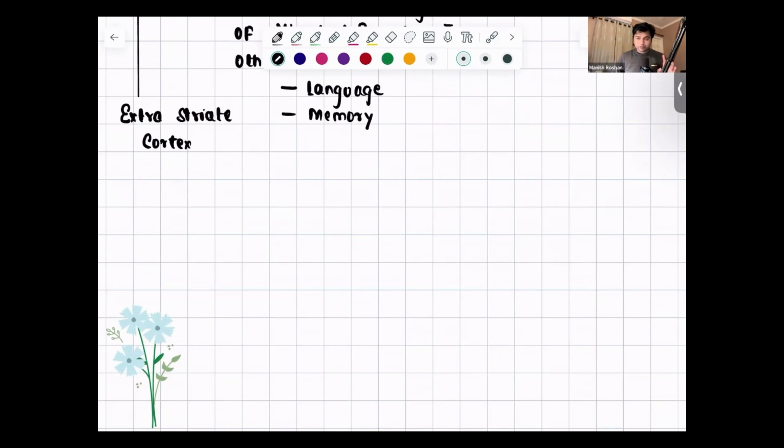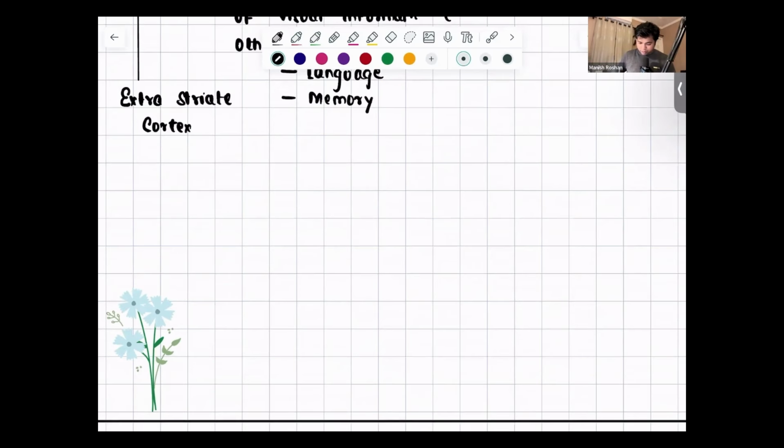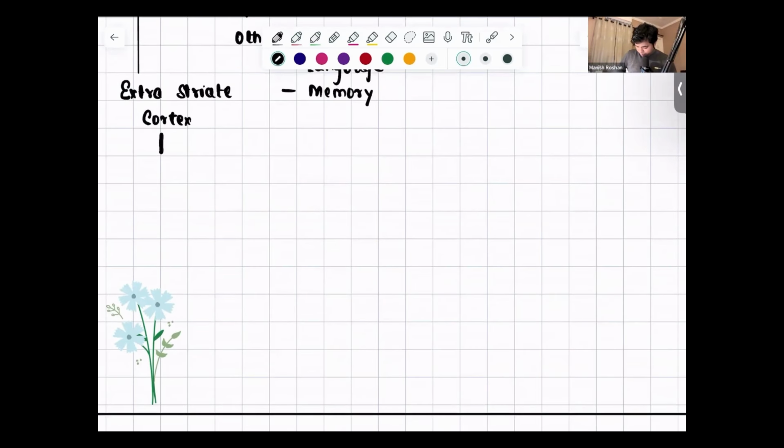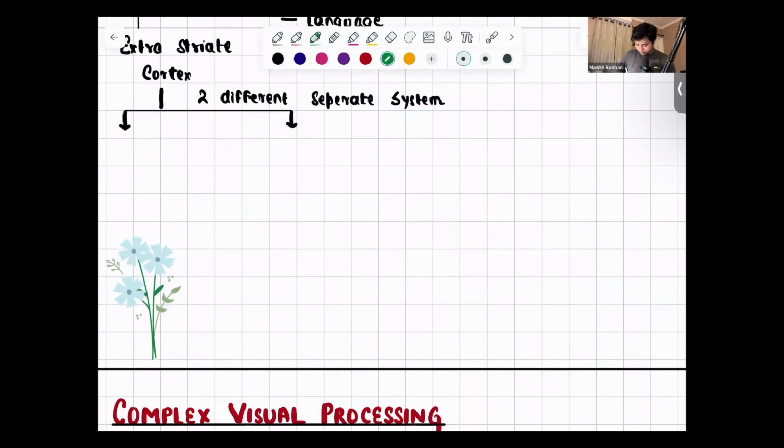The extrastriate visual areas, or extrastriate cortex, are organized into two different separate systems, that is the ventral and the dorsal system. So one is the ventral system, one is the dorsal system.